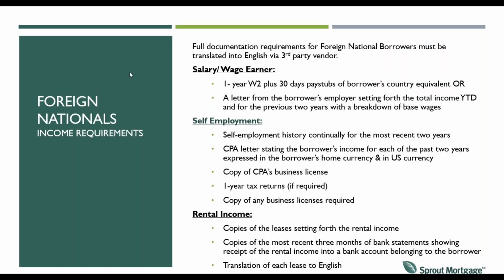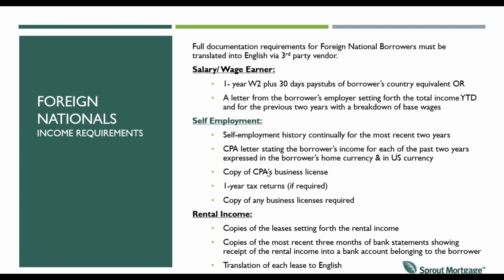So real quick on there, foreign national income, we do them very similar to U.S. citizens. So if they're a salaried or self-employed, we know a lot of times their country of origin doesn't produce W-2s, pay stubs, and or tax returns. So we would take a letter from the borrower's employer or a letter from a licensed CPA in their country of origin and just designating what their year-to-date is and their last 2 years of income, okay?